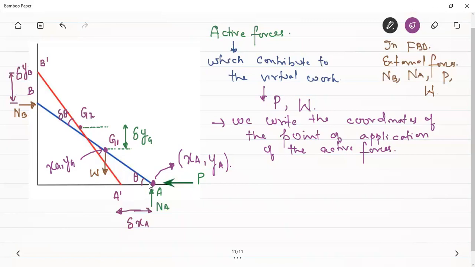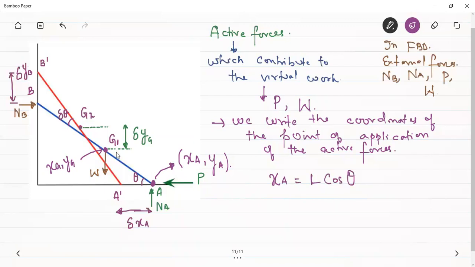Okay, so we can see that the xA coordinate will be equal to, from the geometry it is clear that the length of this rod is equal to L and this angle is theta. Therefore, xA will be equal to L cos theta.